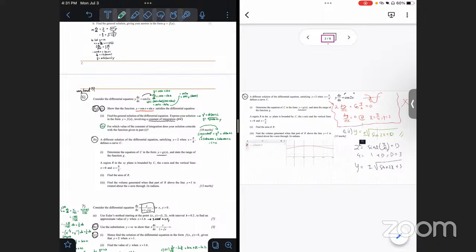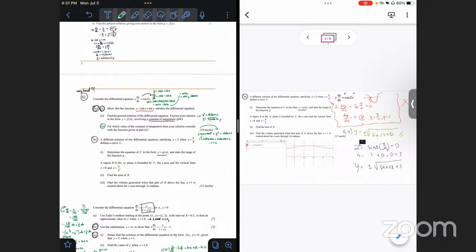So what I understood from this question is that I will have to find a different D. I can use A part 2 and I have to find a different D because in A part 3, he did ask you for a certain D. That is not what we are trying to use. We are using this new D. That is how I understood the question. Is that okay so far?